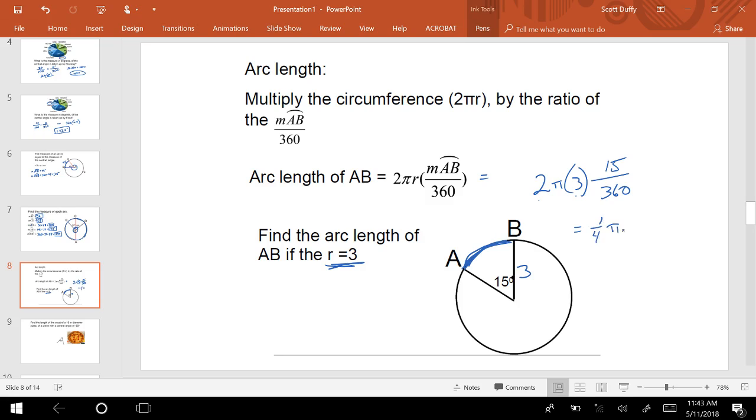And I'm going to say that I multiply that by pi. Now you can leave it in terms of pi without multiplying it on your calculator, or you can multiply that by pi. And you would get 0.785. And that would be in centimeters or whatever unit I give you.